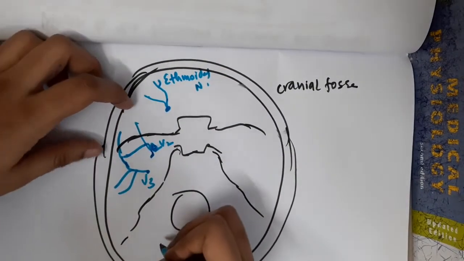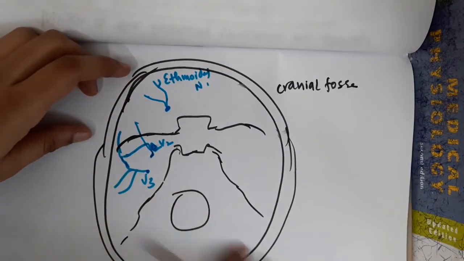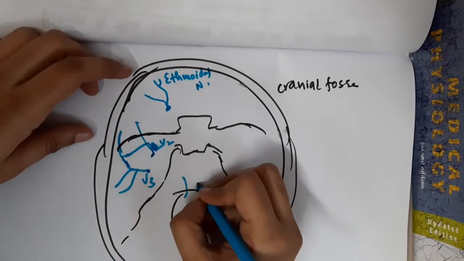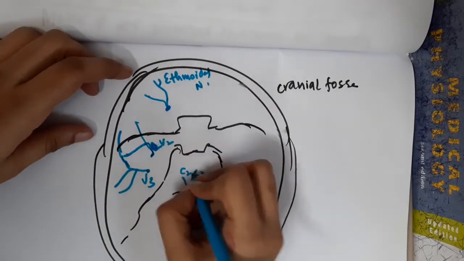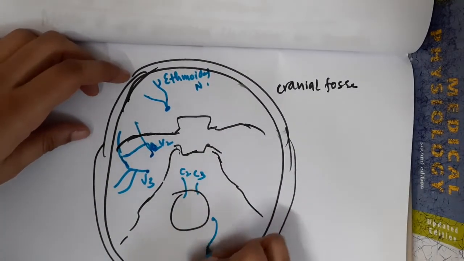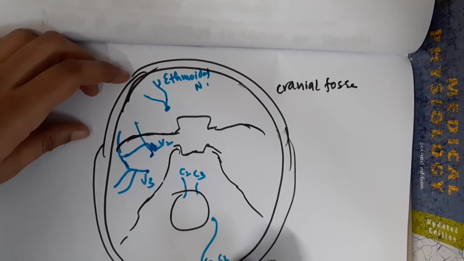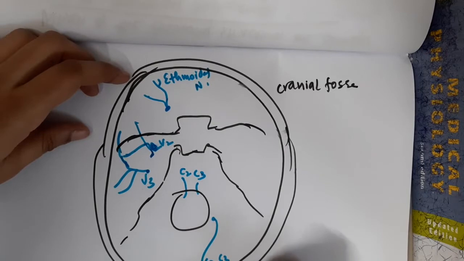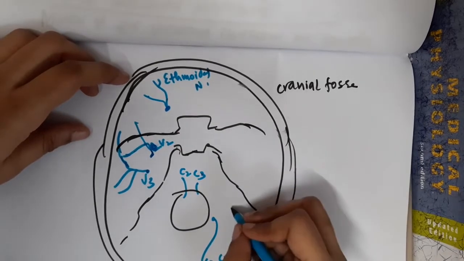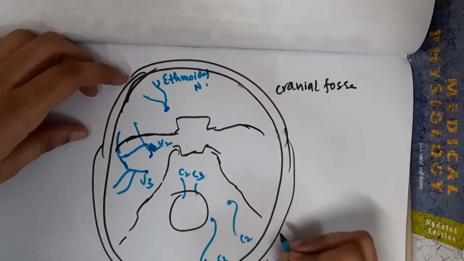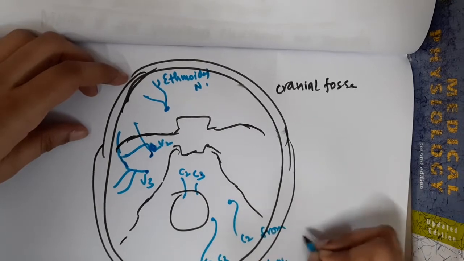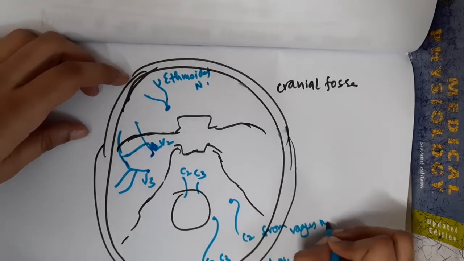Then in the posterior cranial fossa, it is supplied by C2 and C3, C2, C3 from the hypoglossal nerve, and also C2 from the vagus nerve.